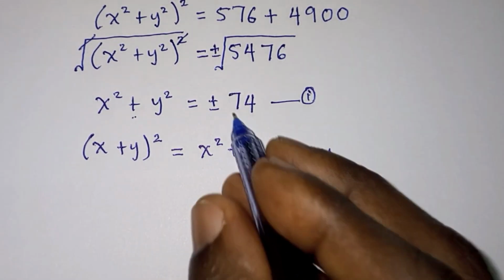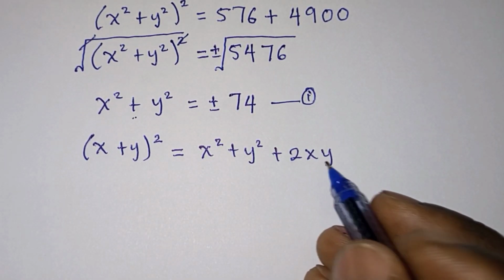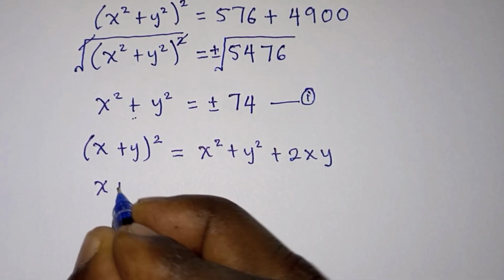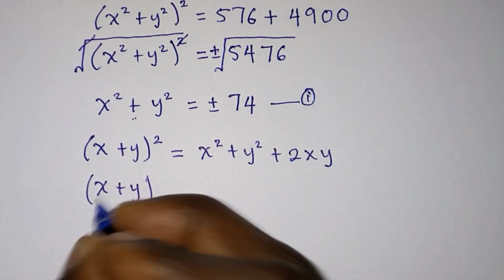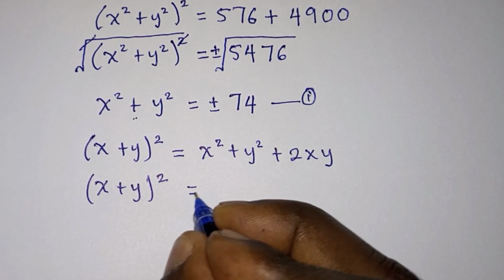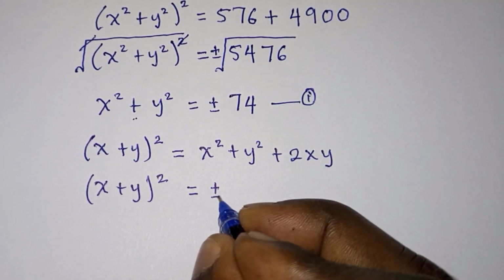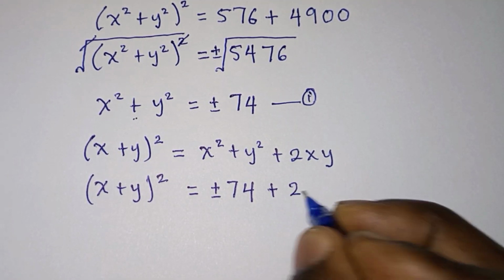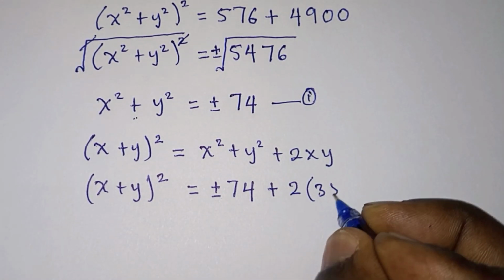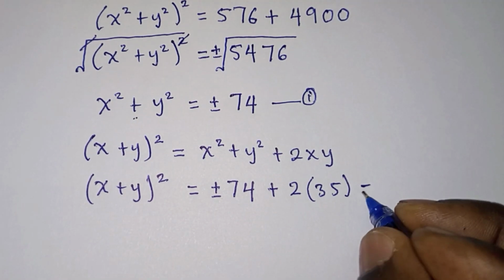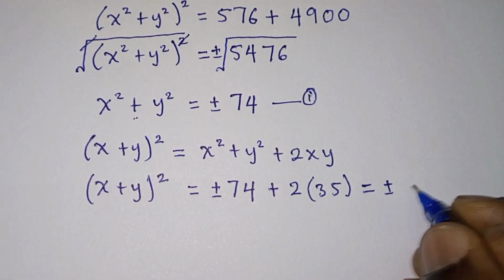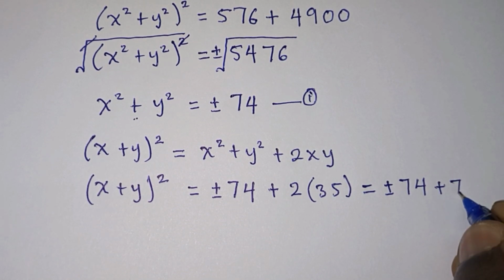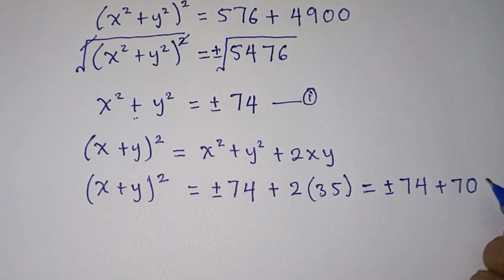We know this one to be this, and we also know this to be 35, right? So we're going to be getting x plus y squared is equal to plus or minus 74, then plus 2 times 35. And this is equal to plus or minus 74 plus 70.